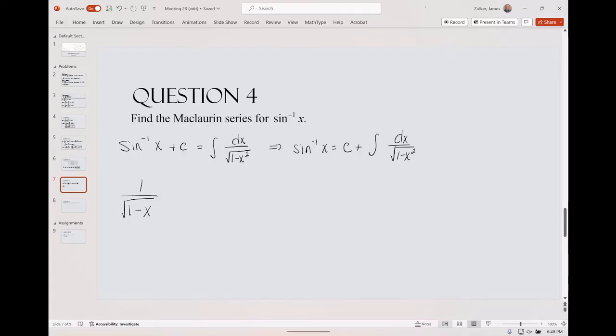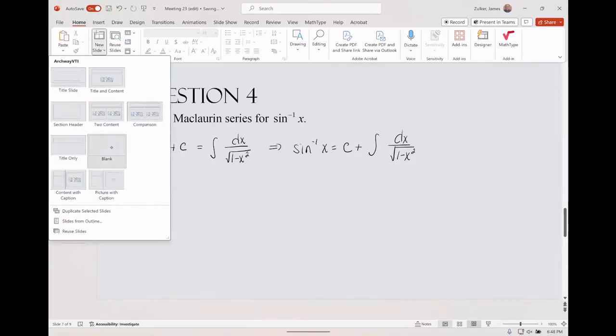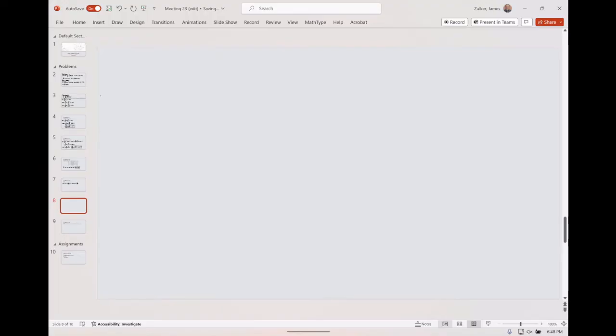That's the path we're going to go down. So we'll find the Maclaurin expansion for 1 over the square root of 1 minus x.